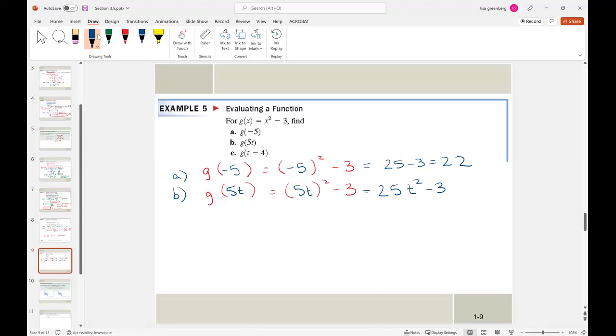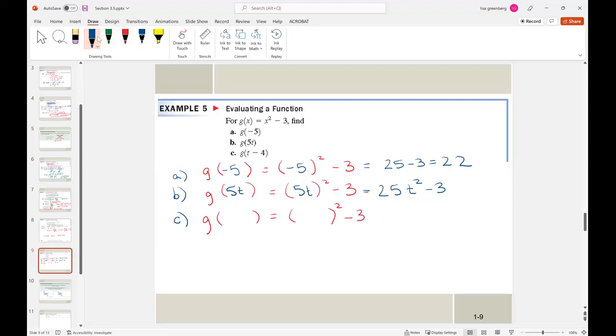We can't combine like terms, right? There's no like terms. And then C, we have g of x is equal to x squared minus 3.